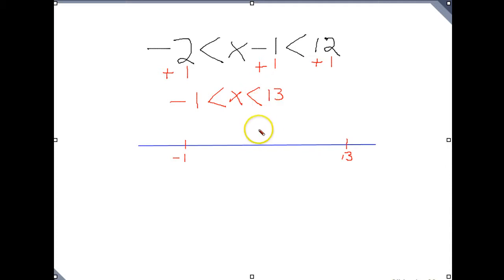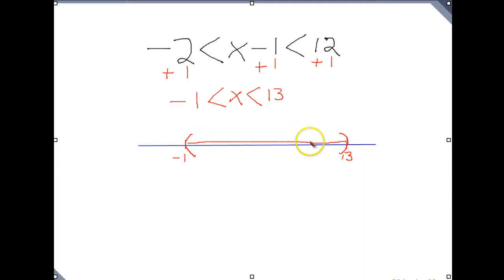So our x is in the middle here. So we're going to use what is called a parenthesis because it doesn't quite start at -1, but just after it. -1 is not in the system. And for this one, it'll be less than this way. And we just darken this line.